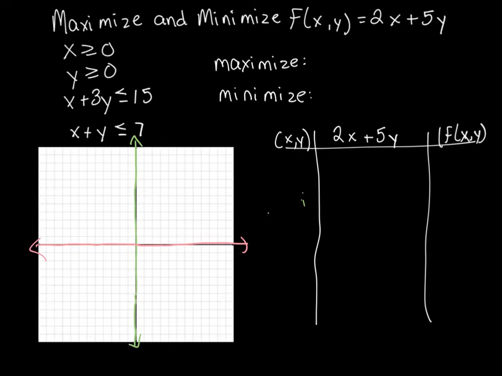And then for this one, we want to change it to slope-intercept form. So that would be y is less than or equal to negative 1/3 x plus 5. So your y-intercept is 5. 1, 2, 3, 4, 5. And your slope would go down 1, right 3.